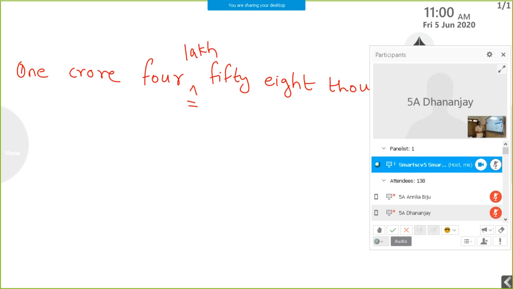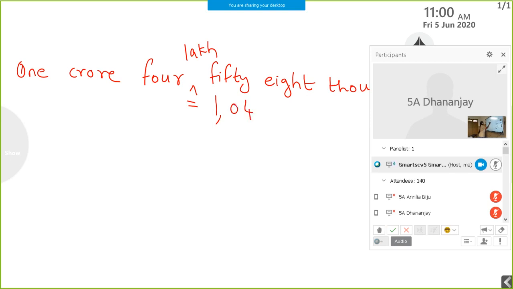So 1,04,58,000. First is the crores period, so it consists of one digit, 1. Then comes the lakhs period. Only 4 is there in the lakhs period, but in the lakhs period we need 2 digits, so it is 0, 4.